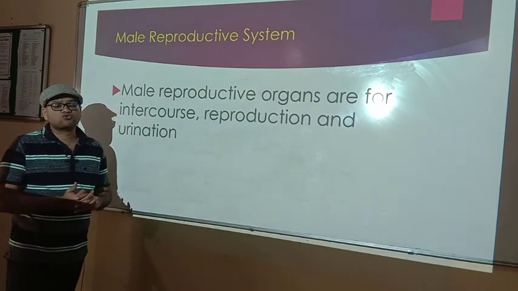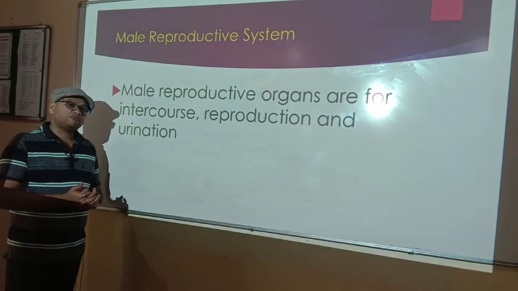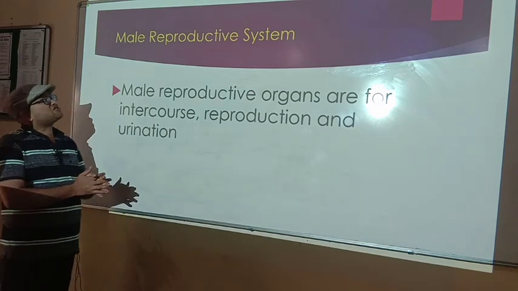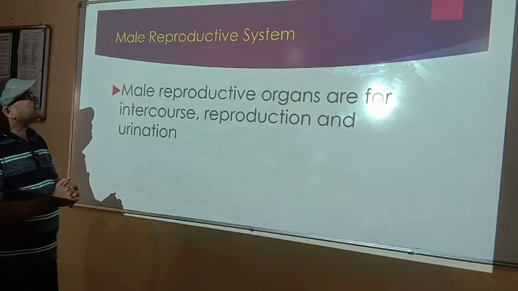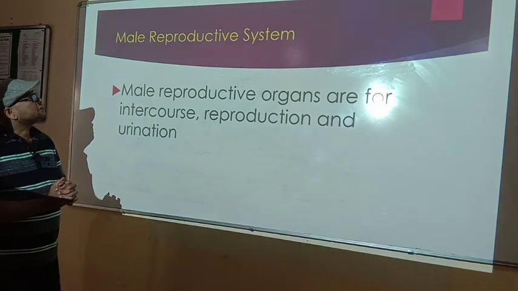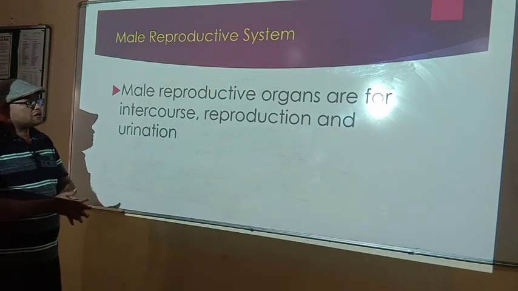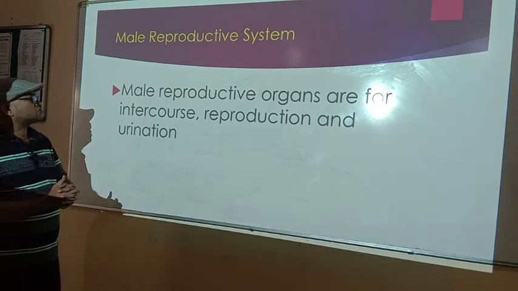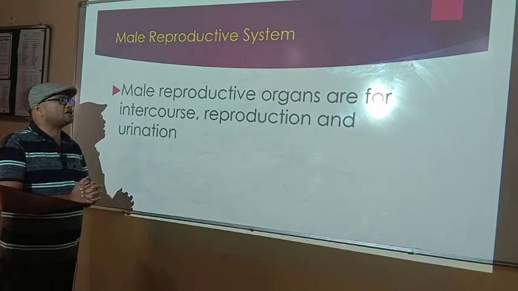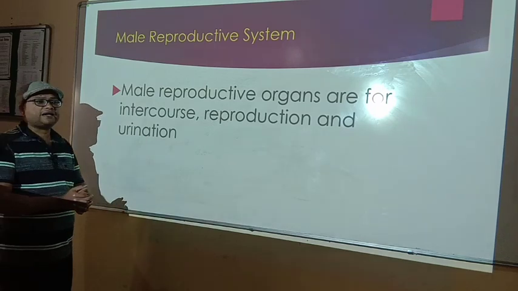Since we are unisexual animals and male and female bodies are separate, we study the male reproductive system as well as the female reproductive system. Now we start the male reproductive system. By male reproductive organs, we mean the organs or group of organs that are meant for intercourse, reproduction and urination.